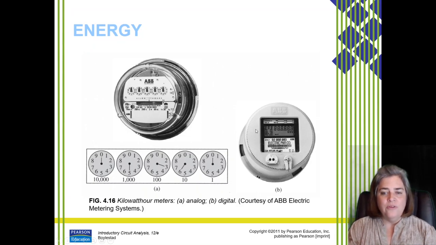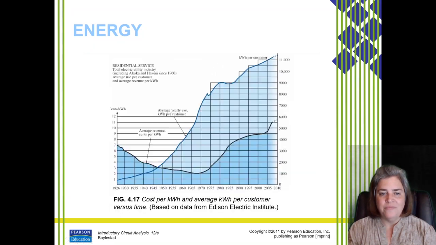Now, most of the meters are, of course, digital, and a lot of them are smart meters, so they can actually read them from a little bit farther away than your home, which I'm sure the people reading the meters are happy about, because they don't have to encounter the dogs in the backyard anymore.